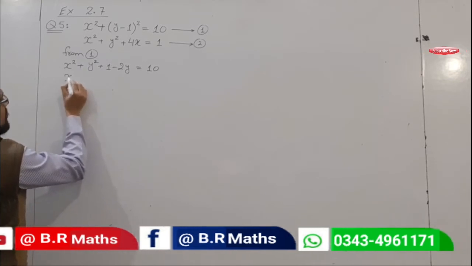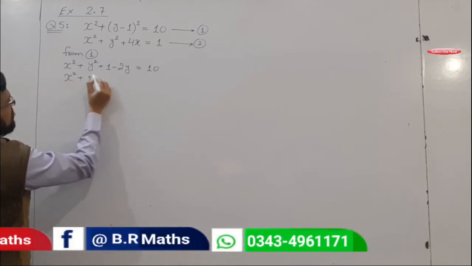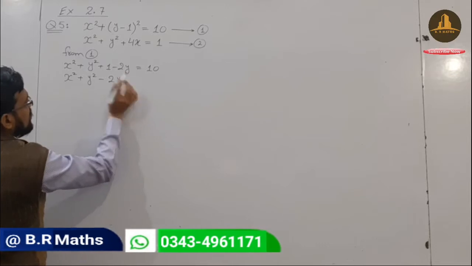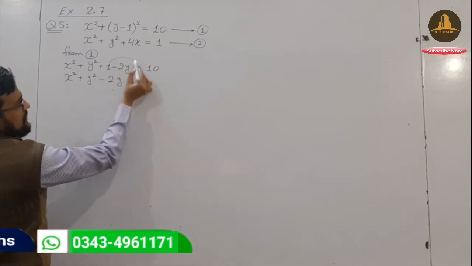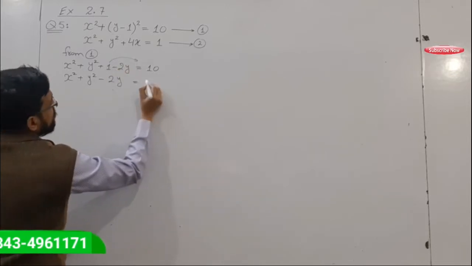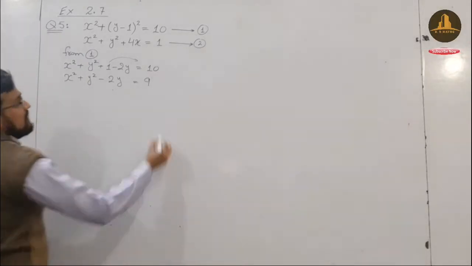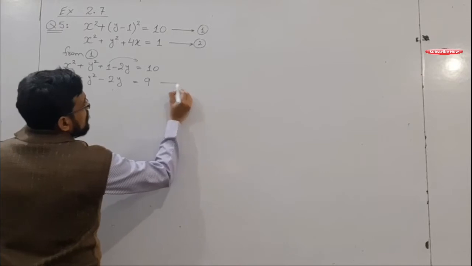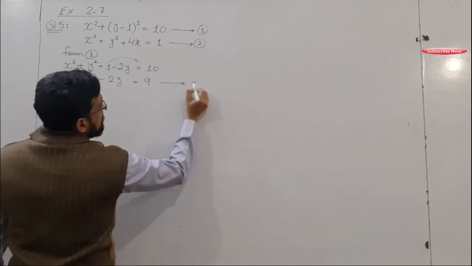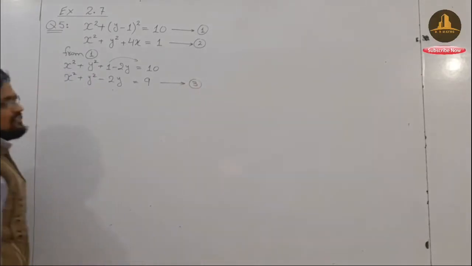Then it becomes x square plus y square minus 2y, and the plus 1 becomes minus 1 on the other side. So finally 9 minus 1 is equal to 8. Name this equation 3.